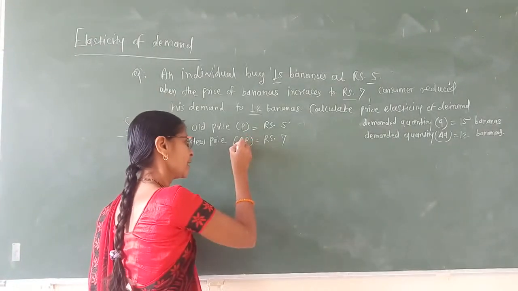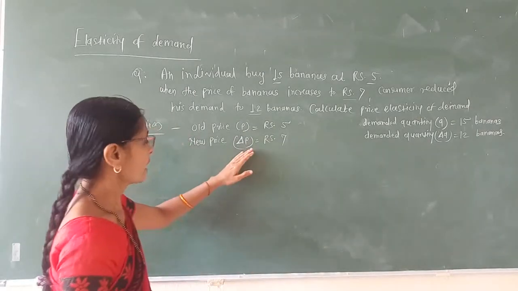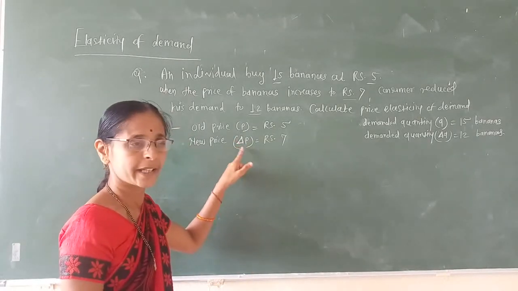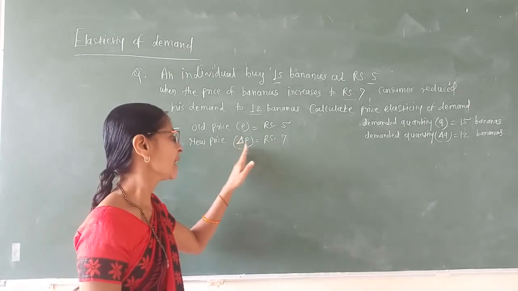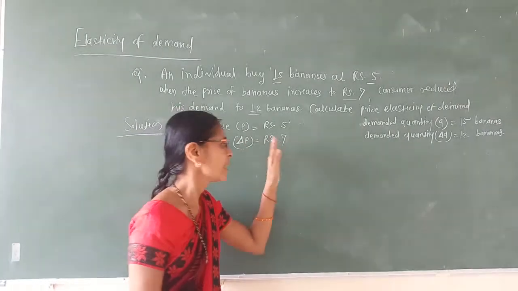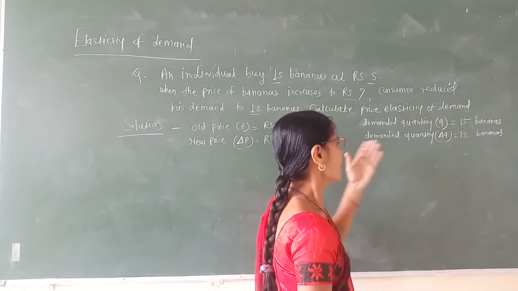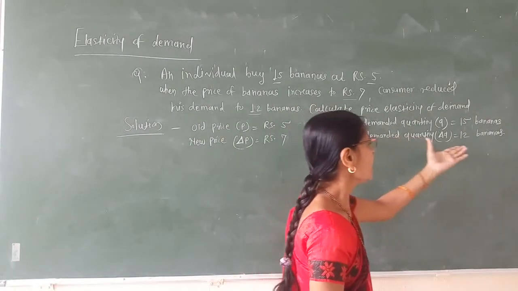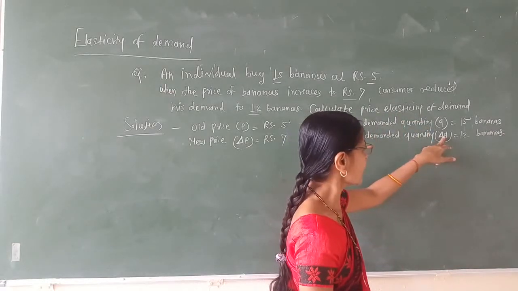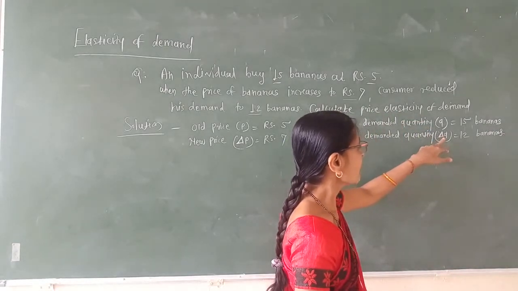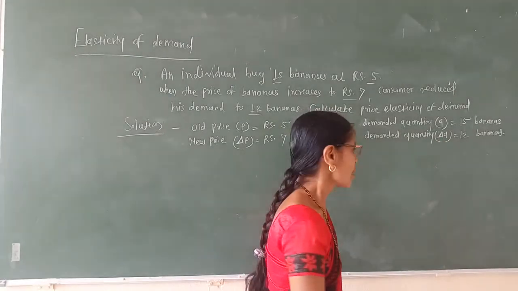Delta means the change in the factor. So here the new price is rupees 7 and at rupees 7 the consumer demanded 12 units of banana, so there is also a change in the quantity demanded.